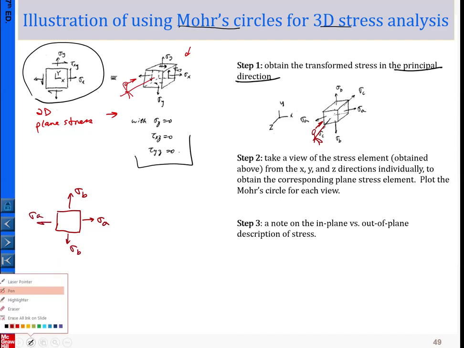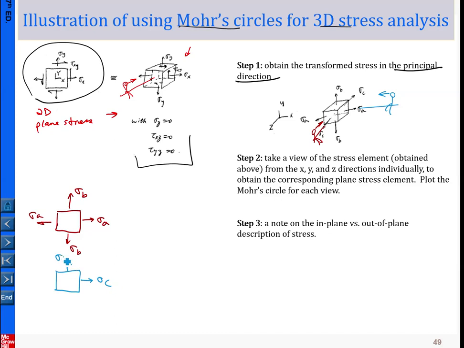So now you keep moving yourself to the other two axes. For example, you sit on this axis and look into that direction. In front of you, you can see sigma C and sigma B, projected to you like this. Okay, so it's symmetric. Then the final axis you're going to sit on would be, for example, here.